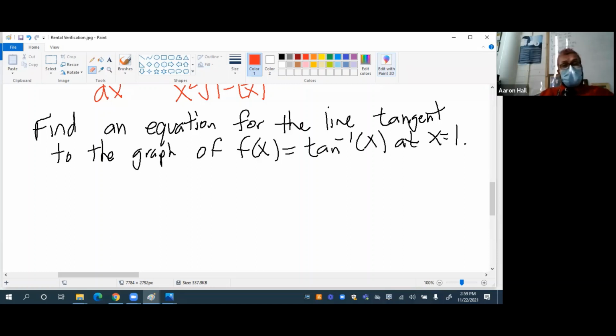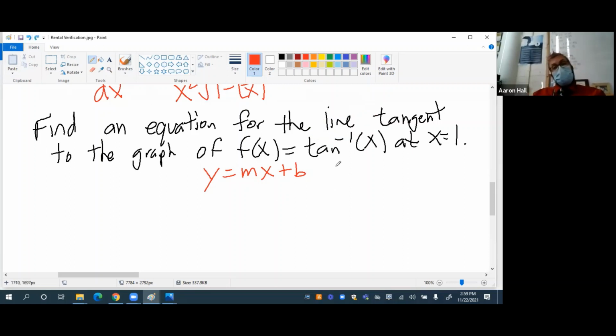Kyle, if we're going to find a tangent line, what equation do we need to think of? What's our generic equation we need to consider? Y equals M X plus B, because it's a line.